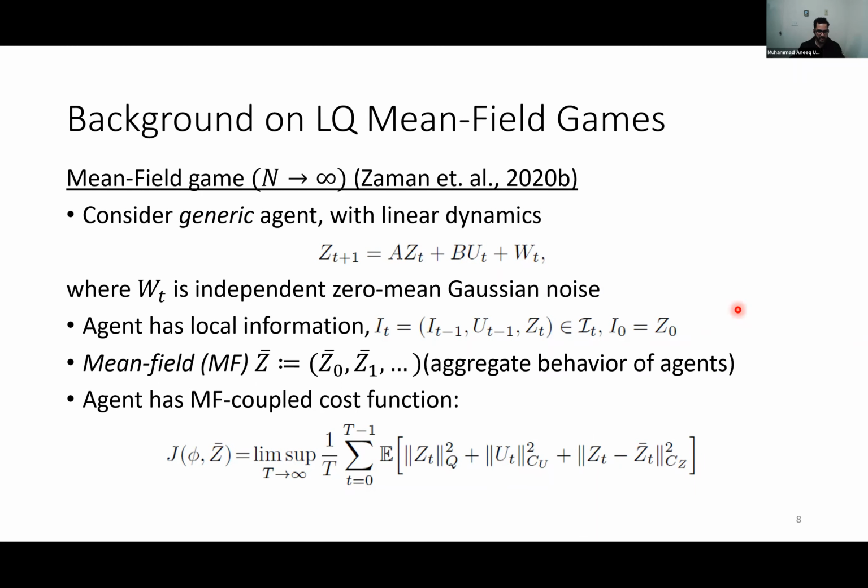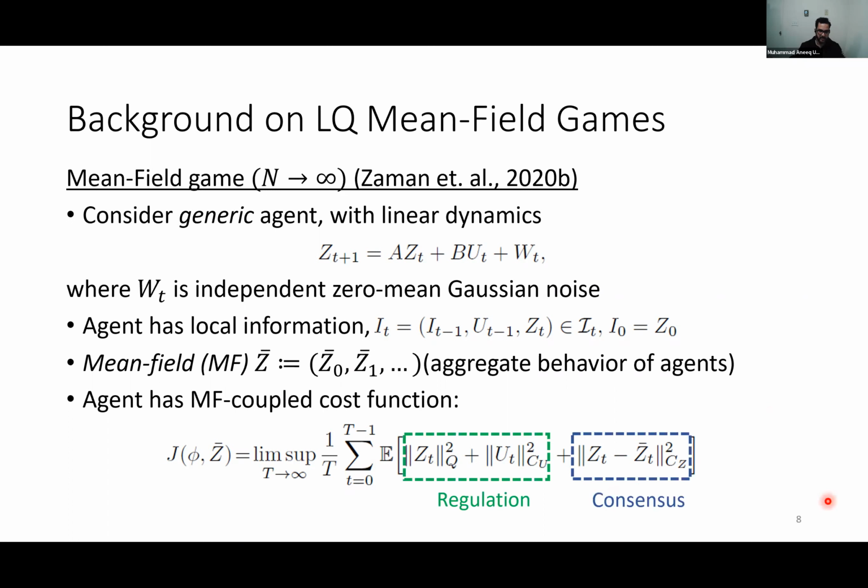The agent still has local information, and now the aggregate behavior of the infinitely many agents is represented by a mean field denoted by z bar, and the agent's cost function is coupled with the mean field. Again, there are the regulation terms and the consensus term where the agent aims to get close to the mean field, which is the aggregate behavior of the other agents.